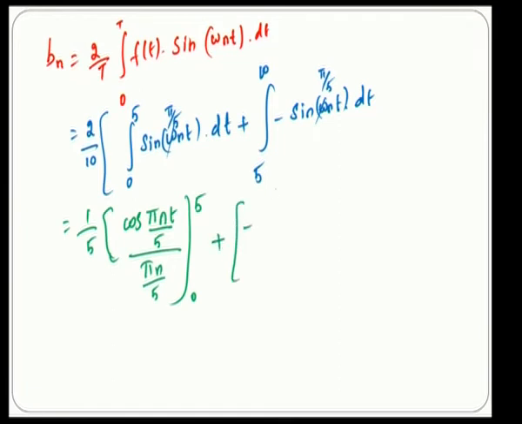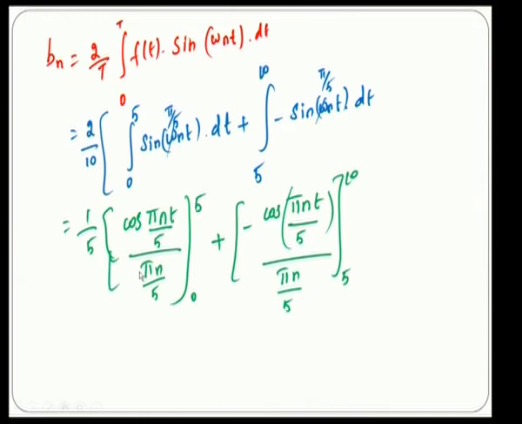So minus cos pi n t by 5 divided by pi n by 5, limit is 5 and 10. Substitute the limit, or you take this term as common. Okay. So how do you get it as 1 by 5 into 5 by pi n, right? 5 cancels.